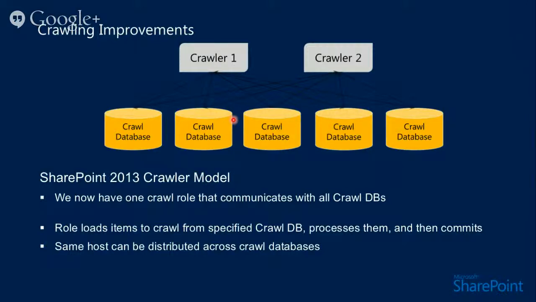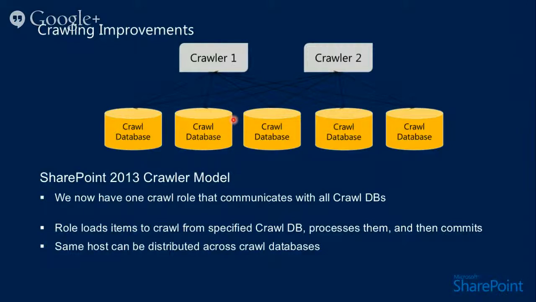Now besides that, there is one more important improvement in crawling. Previously, in 2010, you could have one to many crawl components on a server. This was the same diagram we used in 2010, where you can have one to many crawl components, but instead of crawl components in 2010, it was what we called crawl roles, and now in 2013 it's crawl components.